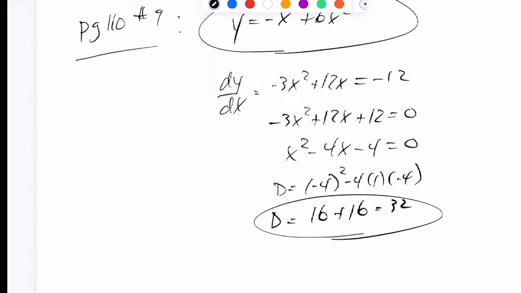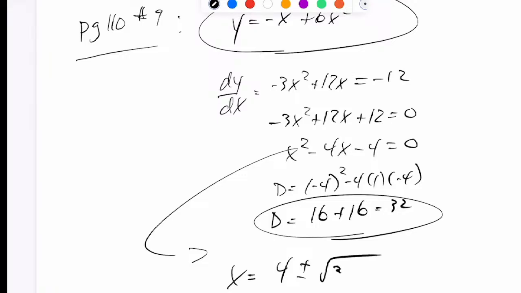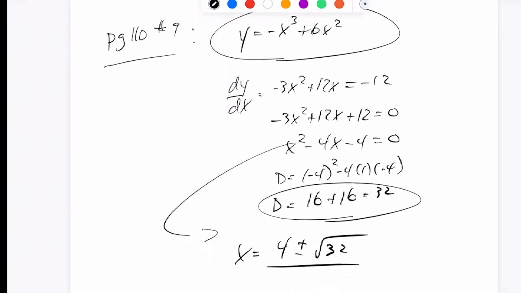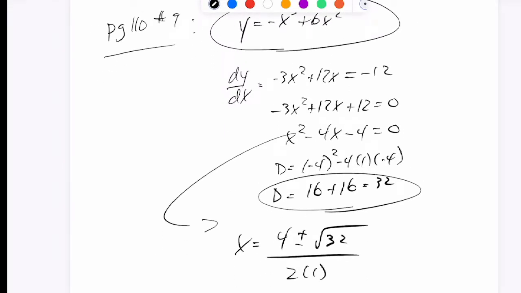So to solve this, I'm going to have to use the quadratic equation. So this will be x equals negative b, so 4 plus or minus the root of 32 over 2 times 1. So this will be 4 plus or minus 4 root 2 over 2. So I end up getting 2 plus or minus 2 root 2.